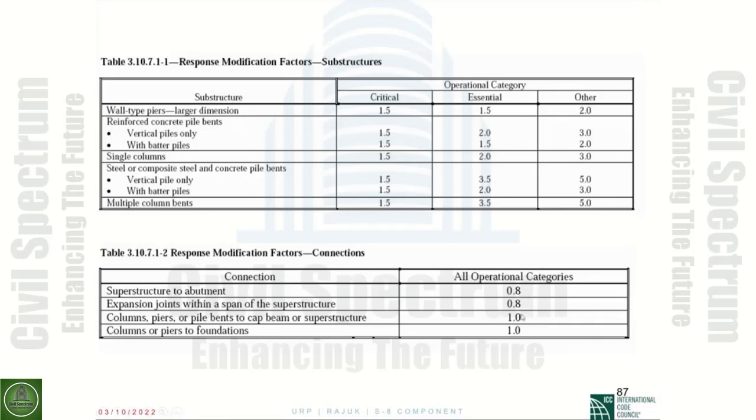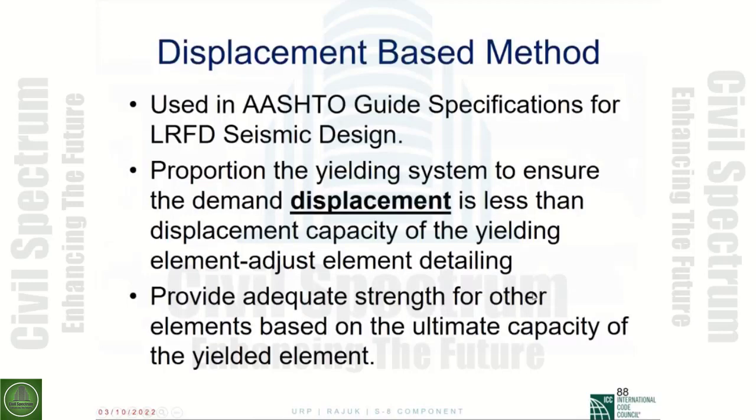For the elastic design, it's like a capacity protected implied, and that's how we are changing the R factor to be able to do that. So you are amplifying the elastic forces at the abutment and at the expansion joint, because these are extremely important for the unseating of the superstructure.